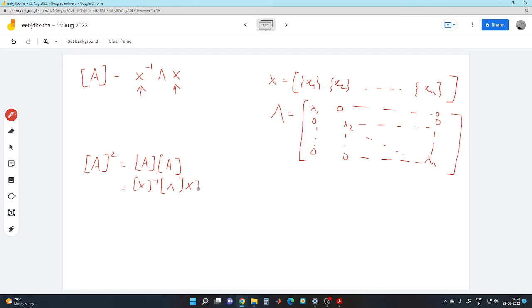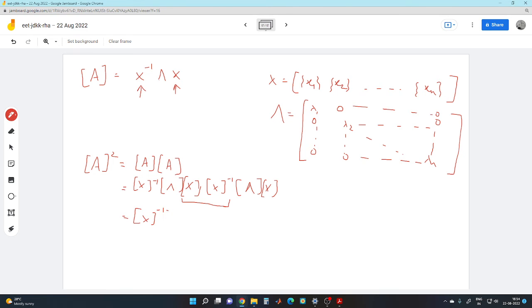So X inverse lambda X, then X inverse lambda X. Now X and X inverse are multiplied, so this will result in the identity matrix.